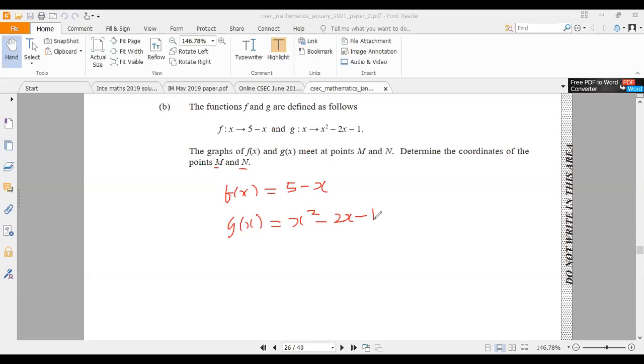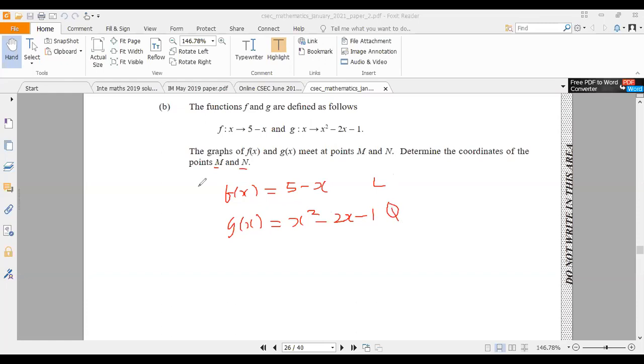Because they use the words that they meet at the points M and N, immediately something comes to mind: if they meet at a point on a graph, one is linear and one is quadratic. So this is a linear function and this is a quadratic.